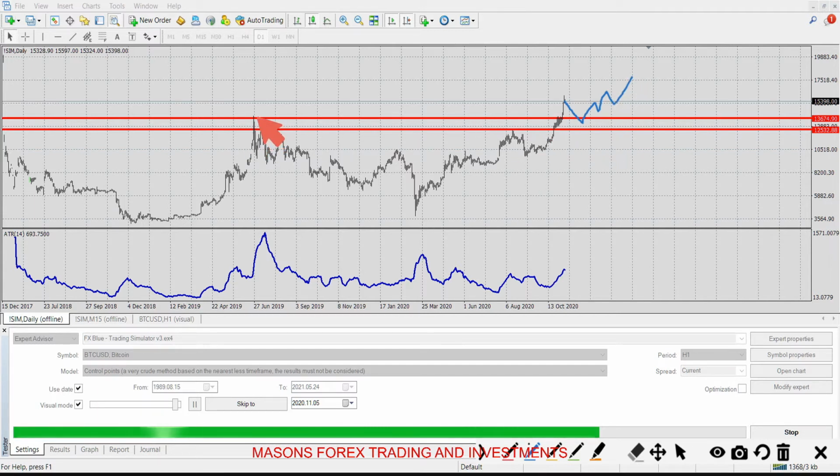So this resistance level becomes support in the future. This occurrence doesn't happen all the time, but it makes up an ideal situation. Just want to give you that insight.